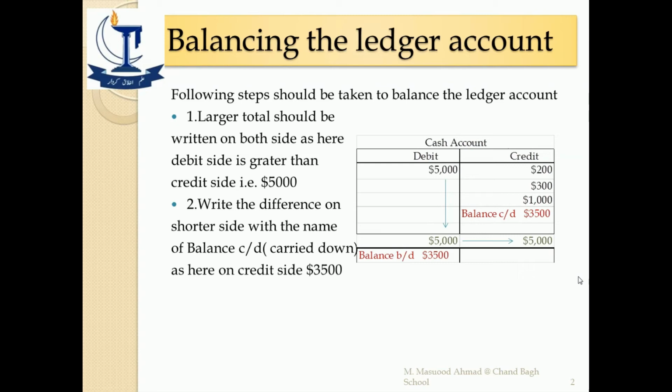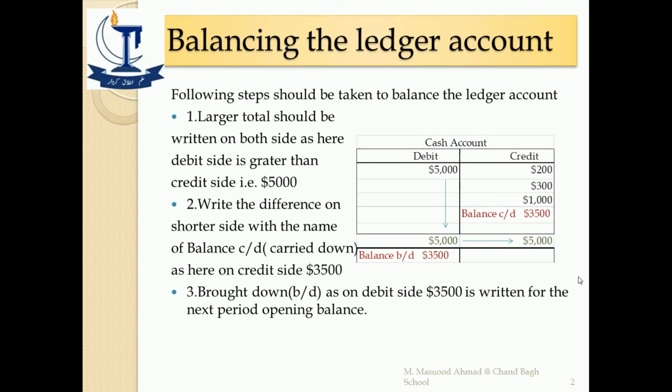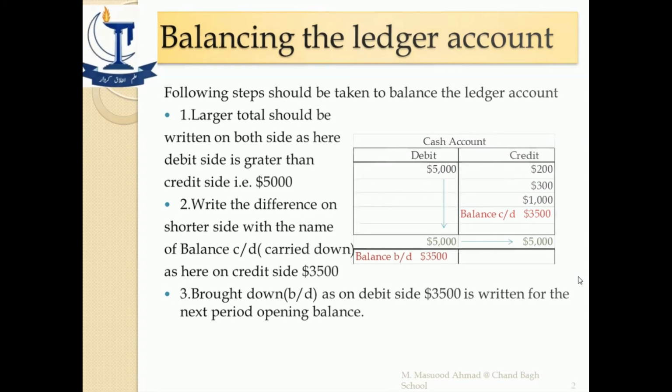So we have 3,500 with us, and the same balance we bring down in the next period as balance brought down, that is 3,500 on its original side. So the next period the cash count will start with 3,500 in hand. That is the opening balance, and this process goes on.